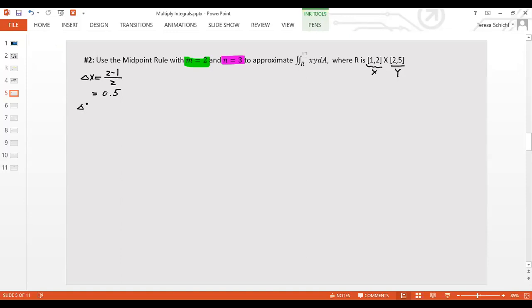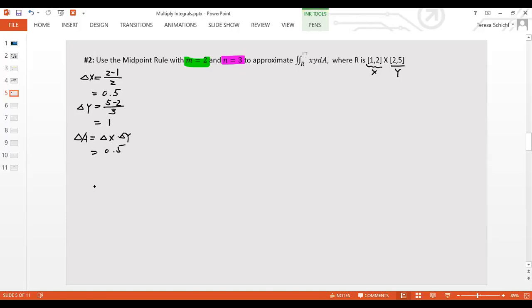And delta y here is 5 minus 2, over how many? 3. So it's 1 here. So now my delta area will be delta x times delta y, right? So this will be 1/2, so it's 0.5. Okay, so now you want to use the midpoint rule again.